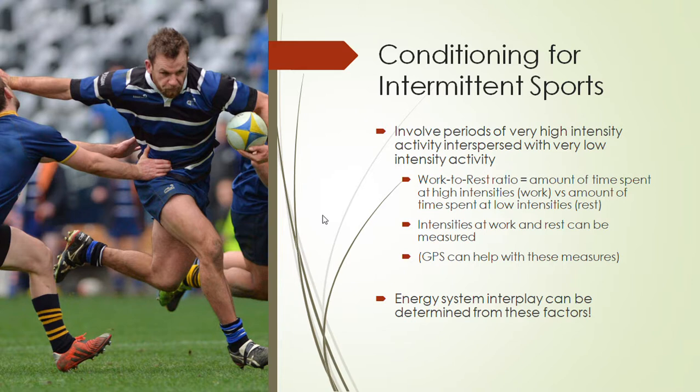Are we jogging? What sort of intensities are we working at? That can be measured in a few ways: power, speed, things like meters per second, and we can use GPS, which can really help with this. That way, it gives us an objective measure of exactly what intensity we're working at and the duration of these work periods and rest periods.